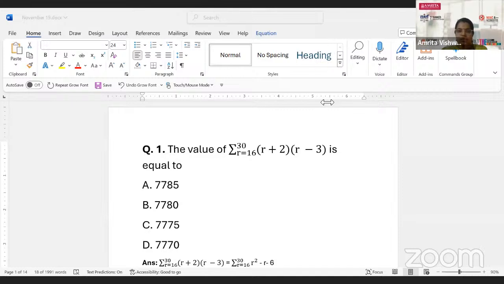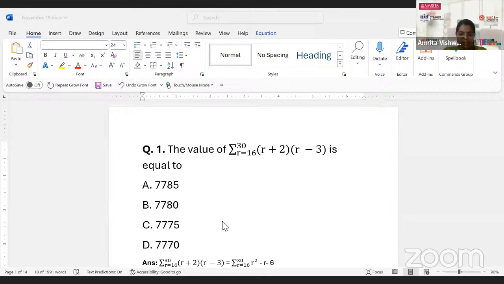Because without your response, I would not be able to understand whether you know the concept or whether there are any queries that you're having. How many of you got the answer? How will we do this question?